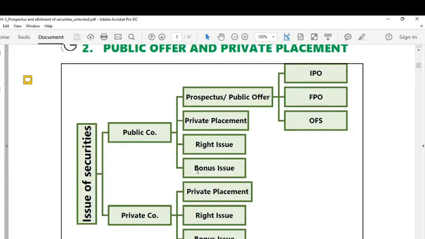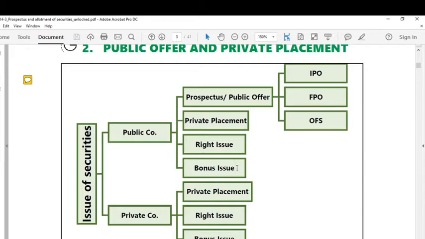So here there is one technical difference between the right issue and the bonus issue. In the case of a right issue, there will always be a purchase consideration, which means they have to pay for the shares they are subscribing for under the right issue. When it comes to a bonus issue, in some cases there need not be any consideration.